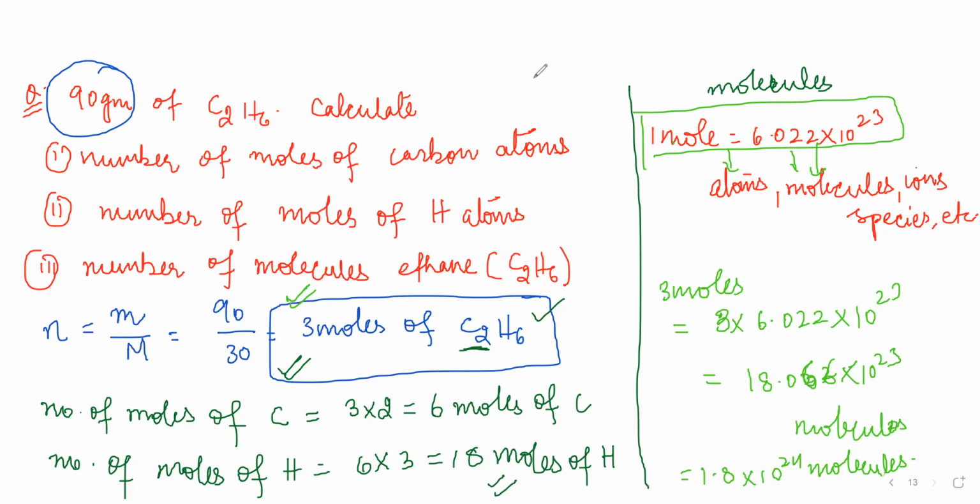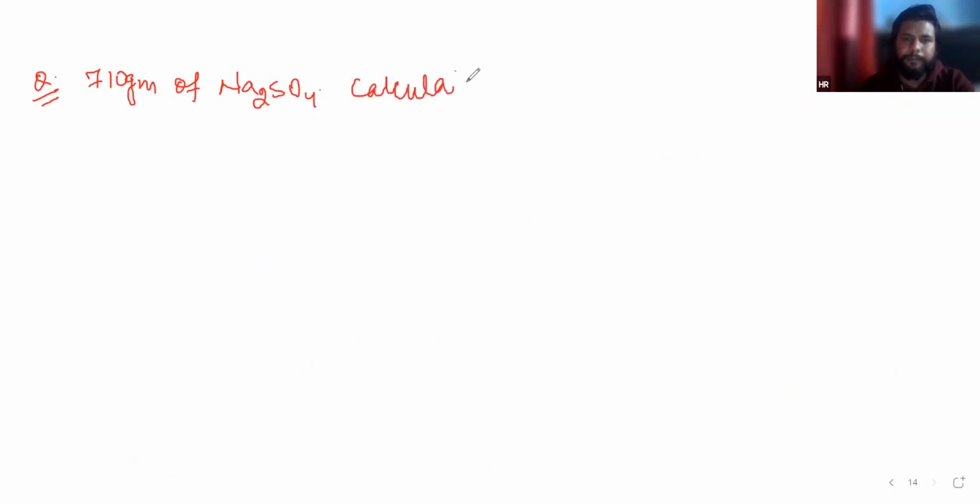Just see, the question is: 710 grams of Na2SO4. Calculate first the number of moles of sodium.